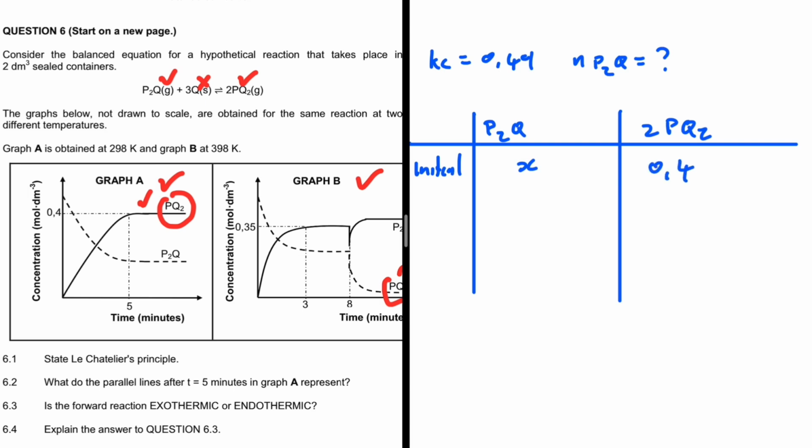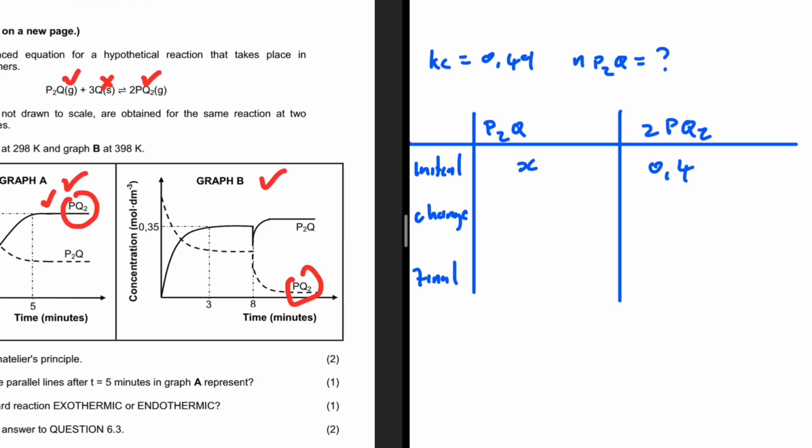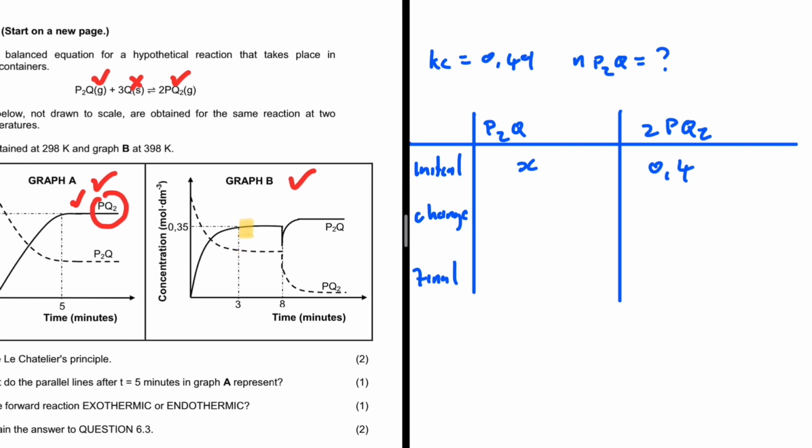Right, now let's come to the change and the final. Well, at 398 kelvins, that's where we have our final. The concentrations we're interested in are at this part where our reaction is at equilibrium, right? Rate of forward is equal to the rate of reverse. The concentrations are not changing.